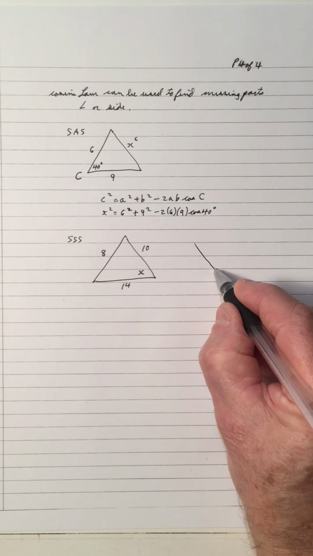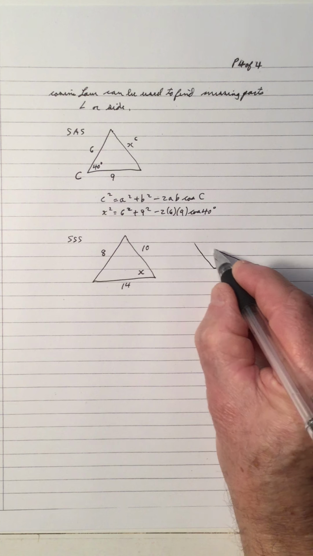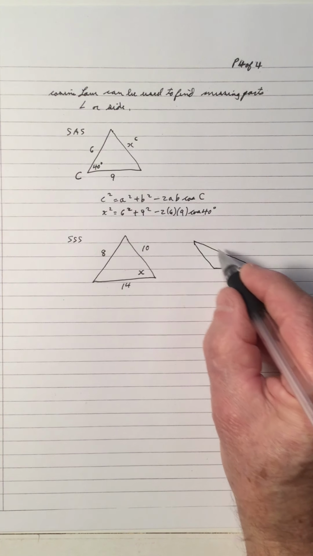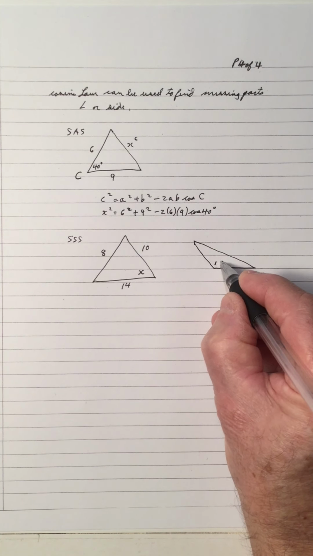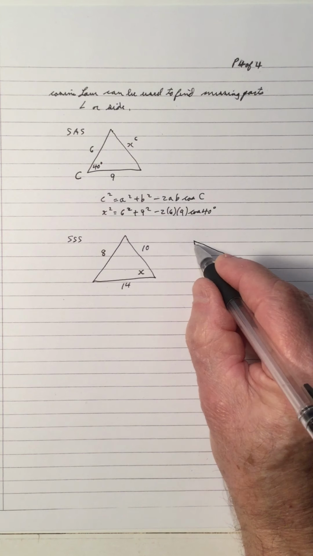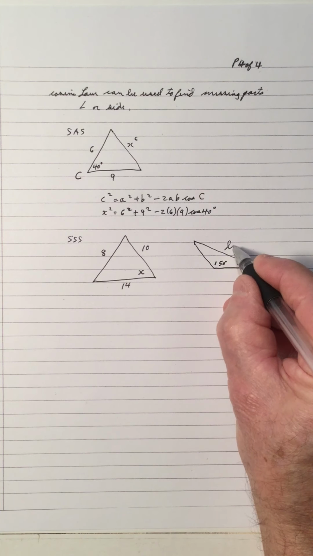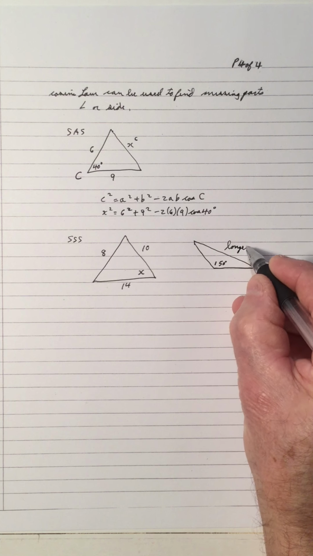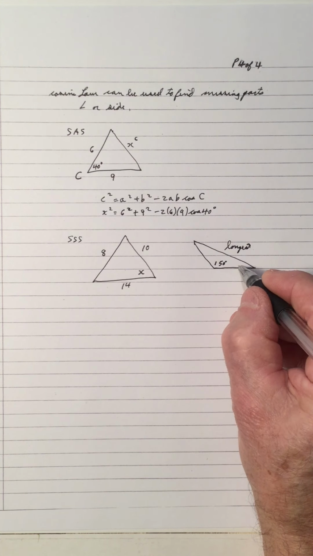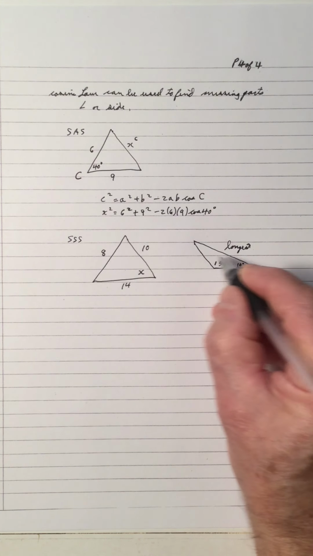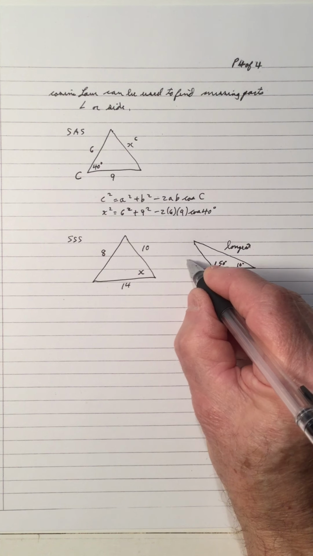To illustrate that, let's draw this obtuse triangle. Let's say this angle here is 150 degrees. That means this side right here is the longest side. And if this angle here is 10, then this side is the shortest.